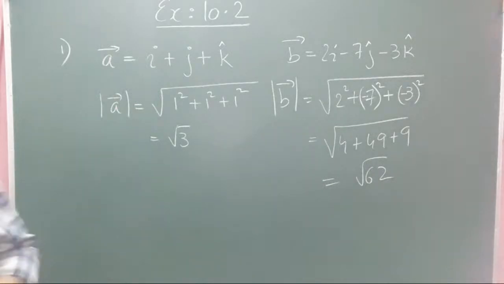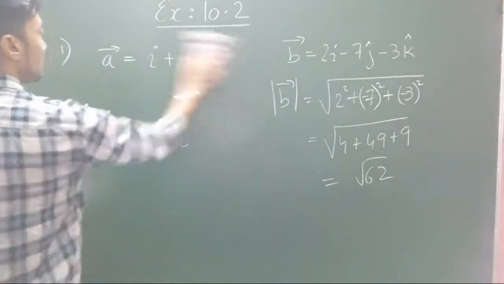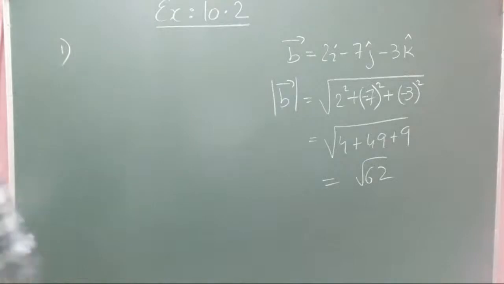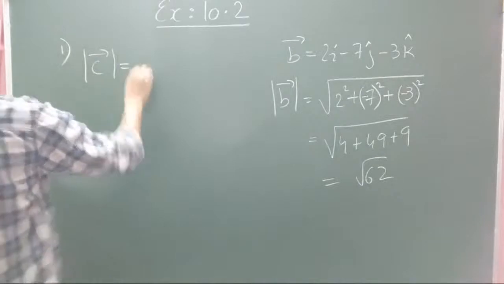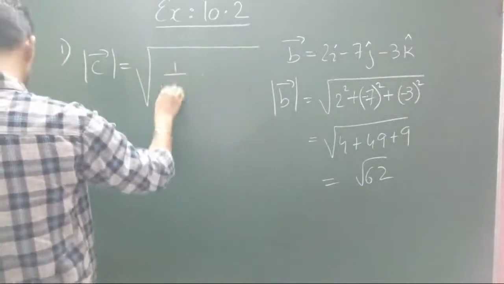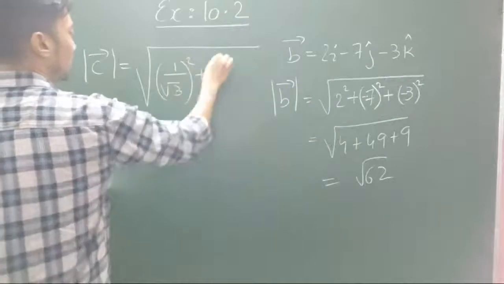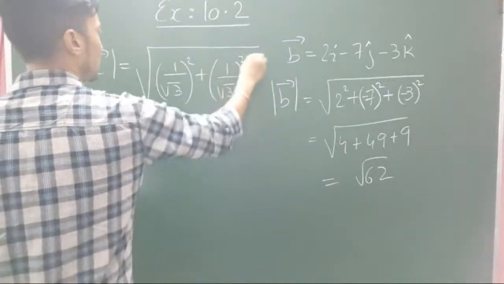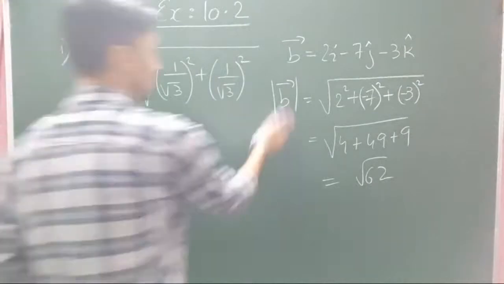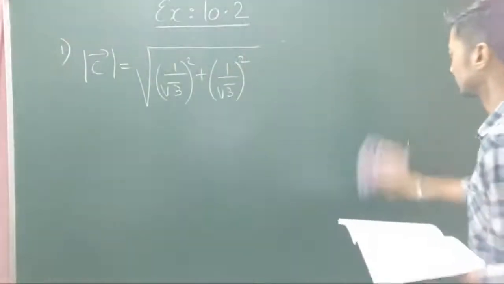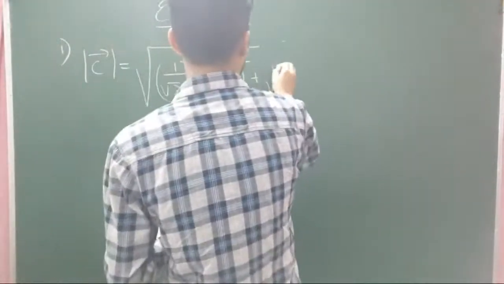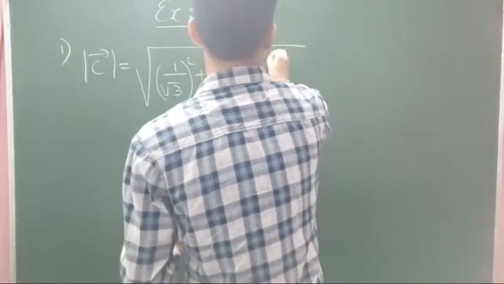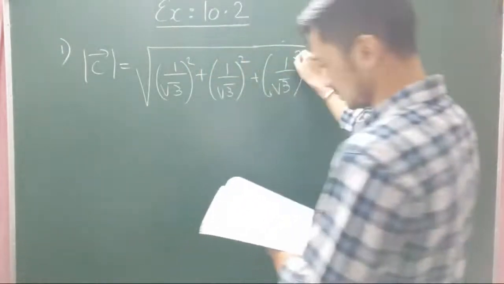And the next one, number c. I think number a is done, vector a finished. So let's go for c. I'm just going to go for the magnitude directly. That would be root over of 1 by root 3 whole square plus 1 by root 3 whole square plus 1 by root 3 whole square.